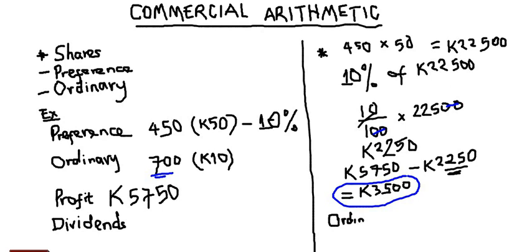They will share this amount equally, which means each ordinary share dividend is 3,500 divided by 700 shareholders.